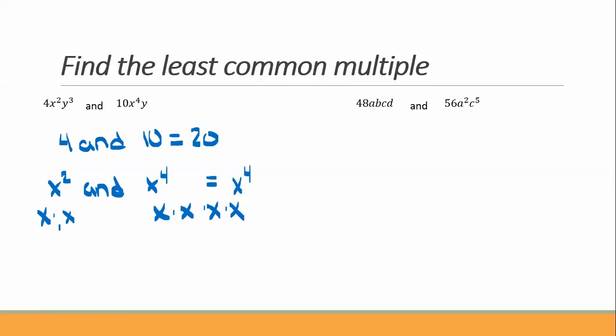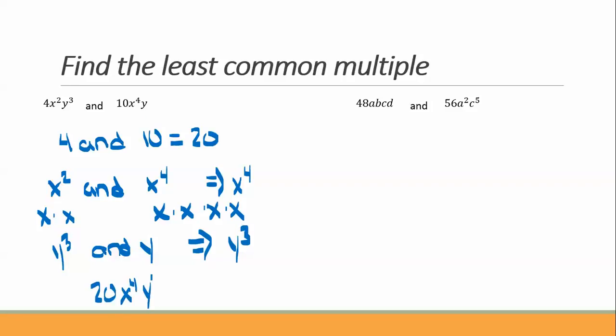Because think, x squared times x squared is x to the fourth. That x to the fourth is a multiple of x squared. The same thing with y cubed and y. The least common multiple is y cubed. So if we're looking at 4x squared y cubed and 10x to the fourth y, our least common multiple is 20x to the fourth y cubed.